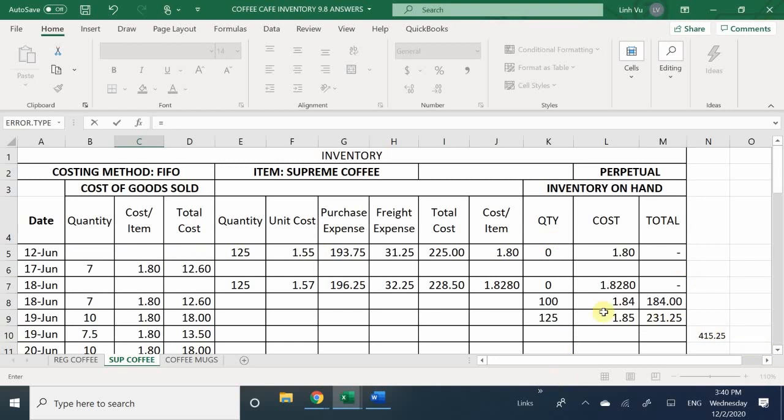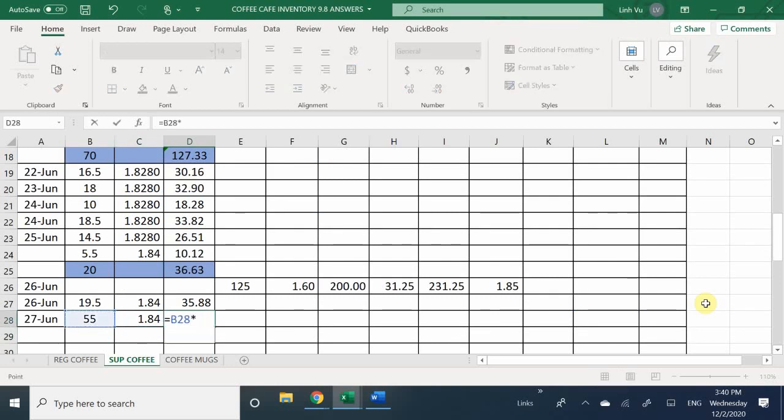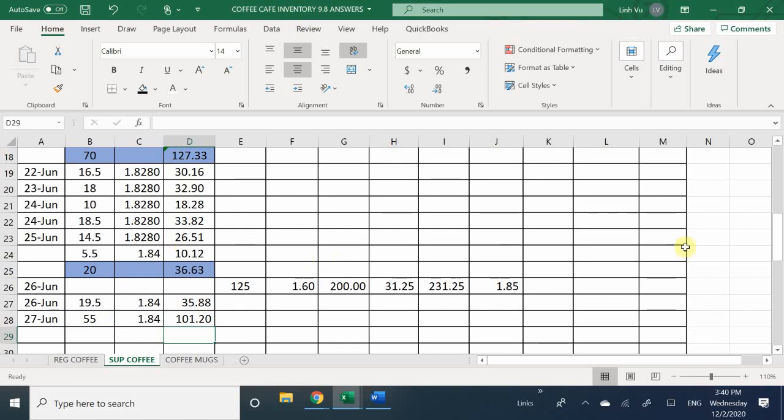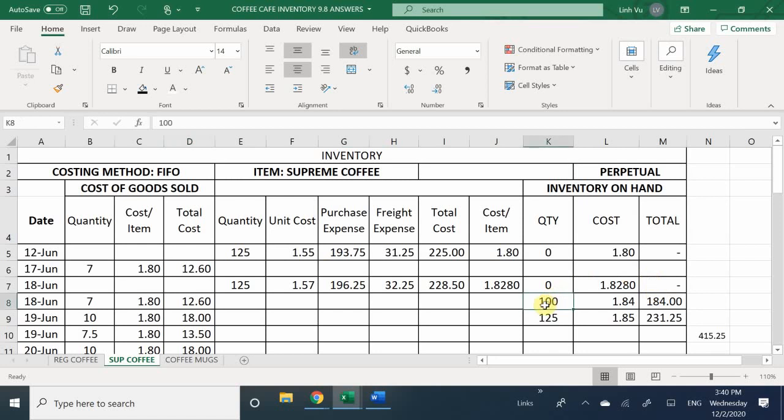And that's going to be $1.84, and so that total is $101.20. And so 100 minus 55 equals 45, and that brings that total to $82.80.